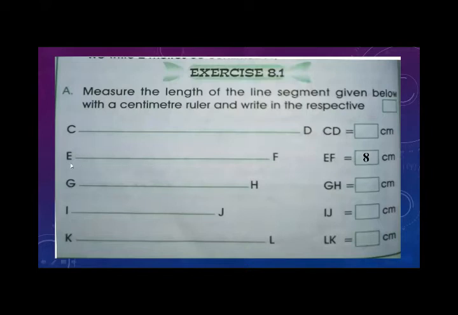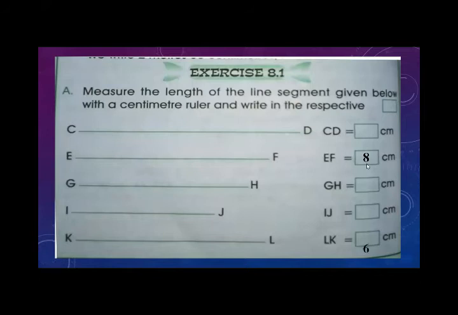Put the scale here from 0, and till the last point, that is F. The measurement of line segment EF becomes 8 centimeters. Take a pencil in your hand, put the scale at point E till point F. The length of line segment EF is 8 centimeters.